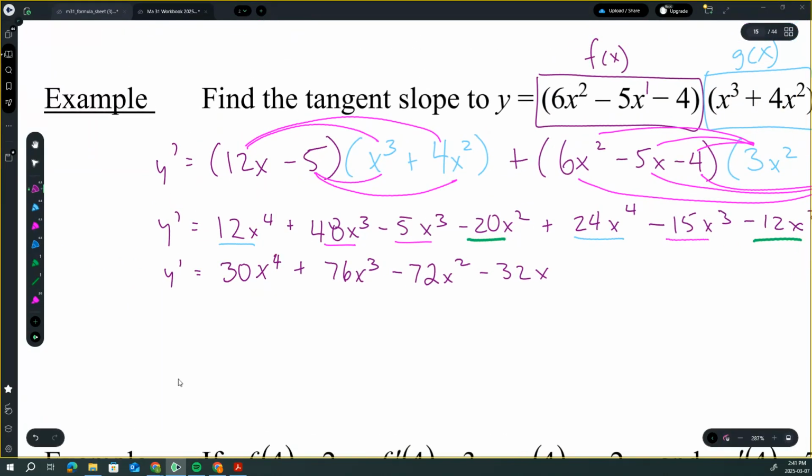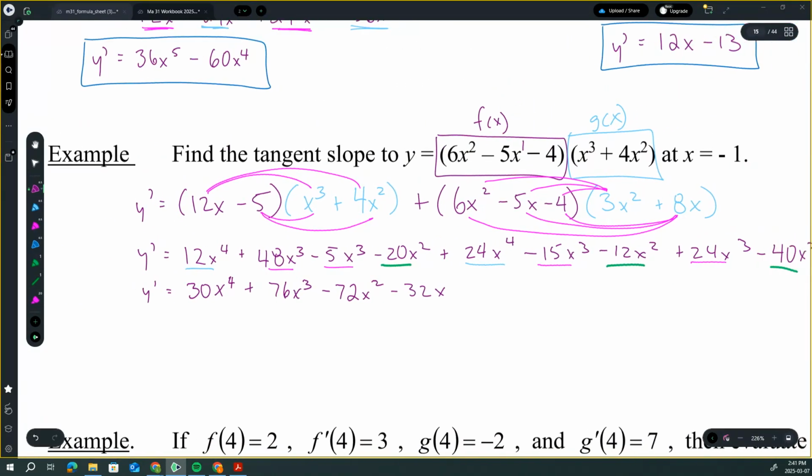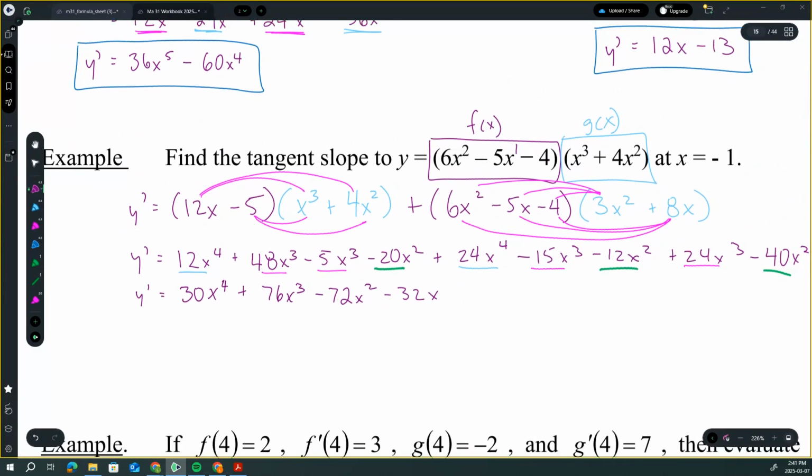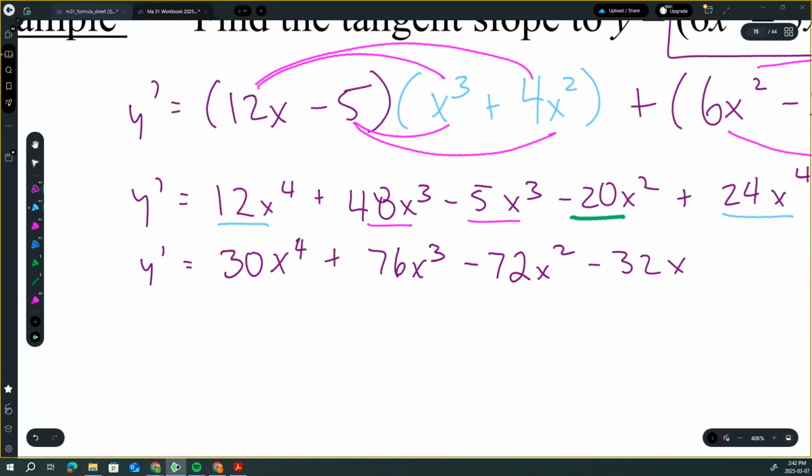Okay, so now we're at the point where we've combined where possible. Now we need to substitute x is equal to negative 1 into our derivative.